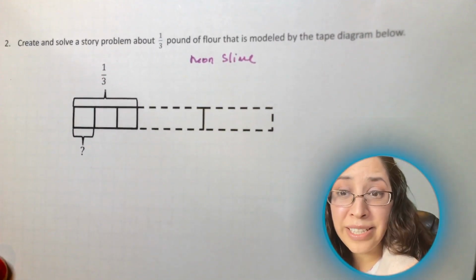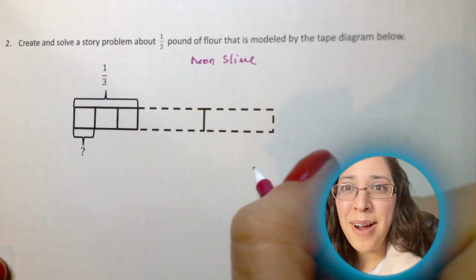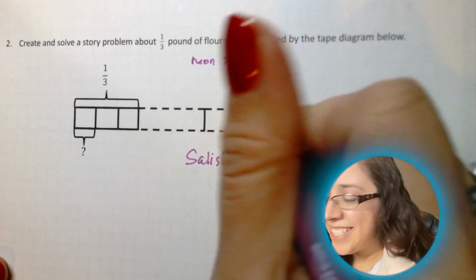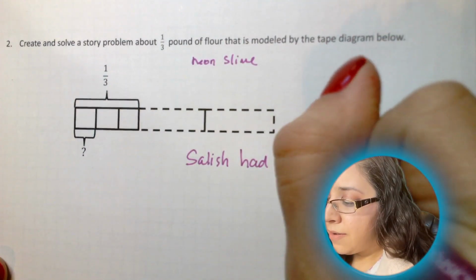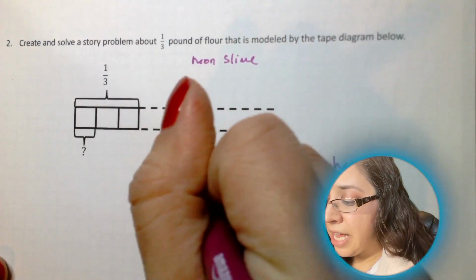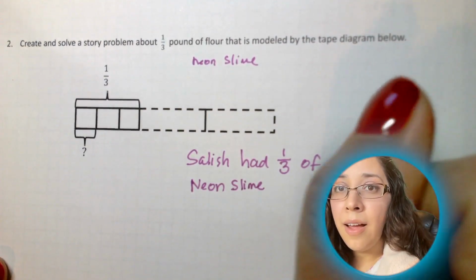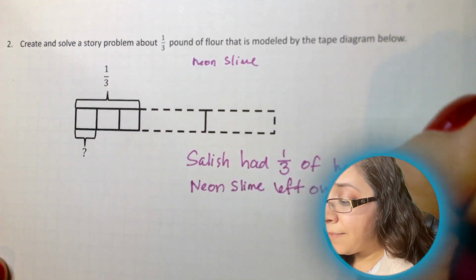My son is really into this YouTuber called Salish. So that's what I made my word problem based off of. And I hope I'm spelling her name right. Salish had 1/3 of her neon slime. My son loves slime. I don't know about you all. Left over that she wanted to share.